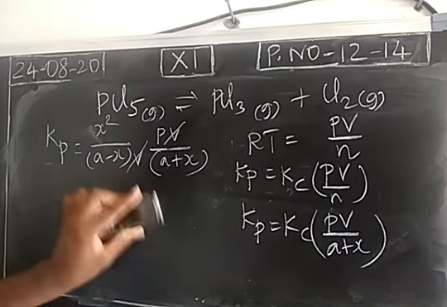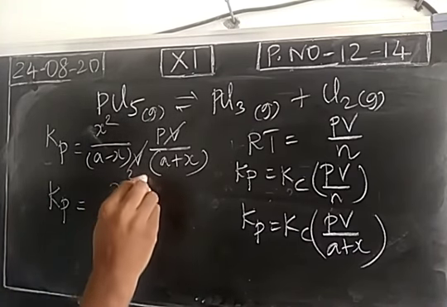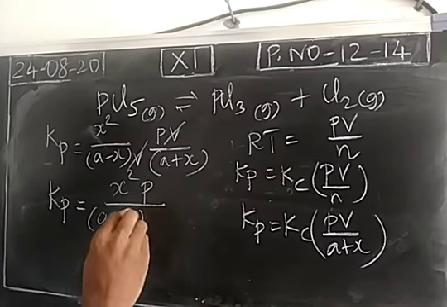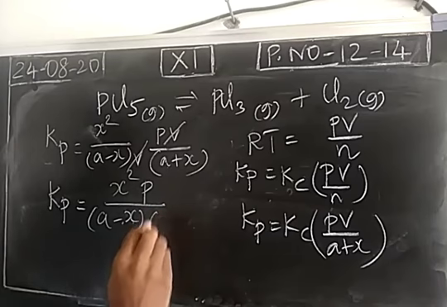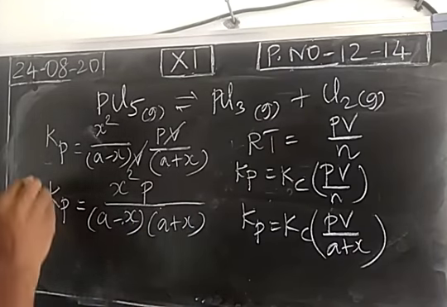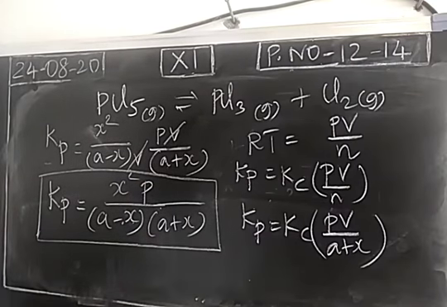So what is remaining? Kp is equal to X squared P divided by A minus X into A plus X. So we have derived the equilibrium constants Kp and Kc for the dissociation of PCl5.